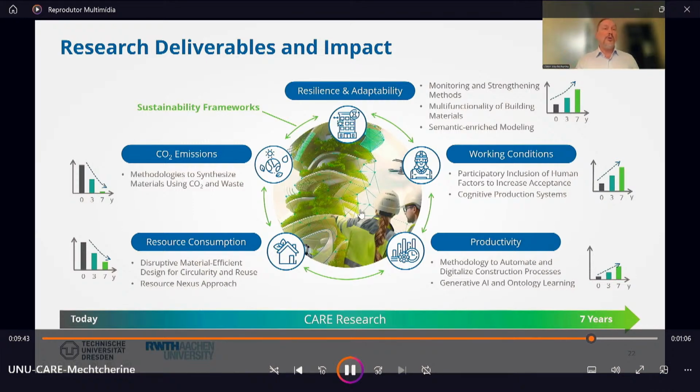CARE will also provide pioneering methods to boost the resilience and adaptivity of structures, extending their service life well beyond 100 years. By considering the human factor, CARE research will significantly enhance working conditions and productivity while also making construction more inclusive.